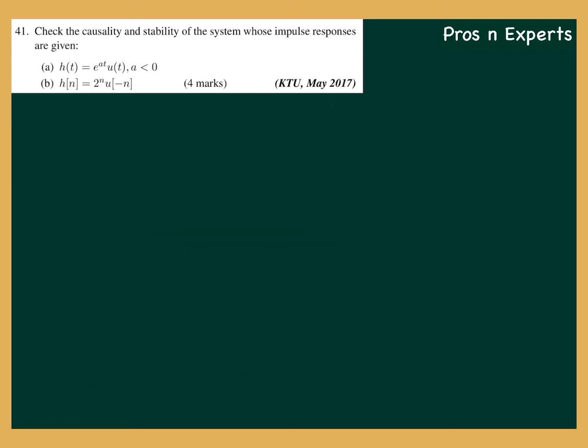Let us move on to question B, where you are given a discrete impulse response given by 2 raised to n u of minus n. First we check the causality of the system represented by this impulse response. Causality can be judged by looking at the impulse response graphically.